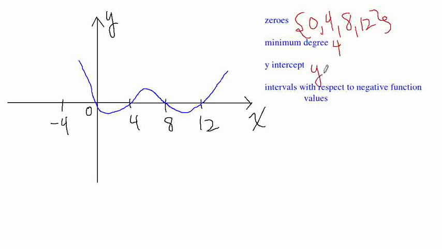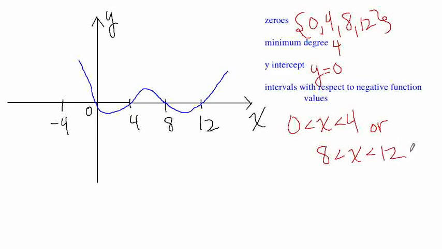The y-intercept is y equal to 0. The intervals with respect to negative function values would include x values between 0 and 4. So x could either be between 0 and 4 or between 8 and 12. I hope you got those answers.